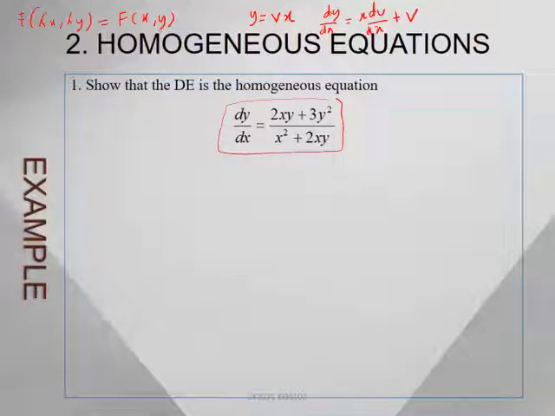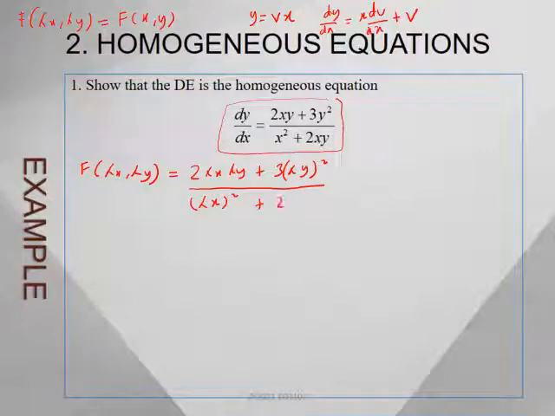So the first step, you find f(lambda x, lambda y), so it will be 2 lambda x lambda y plus 3 lambda y squared, over lambda x squared plus 2 lambda x lambda y.